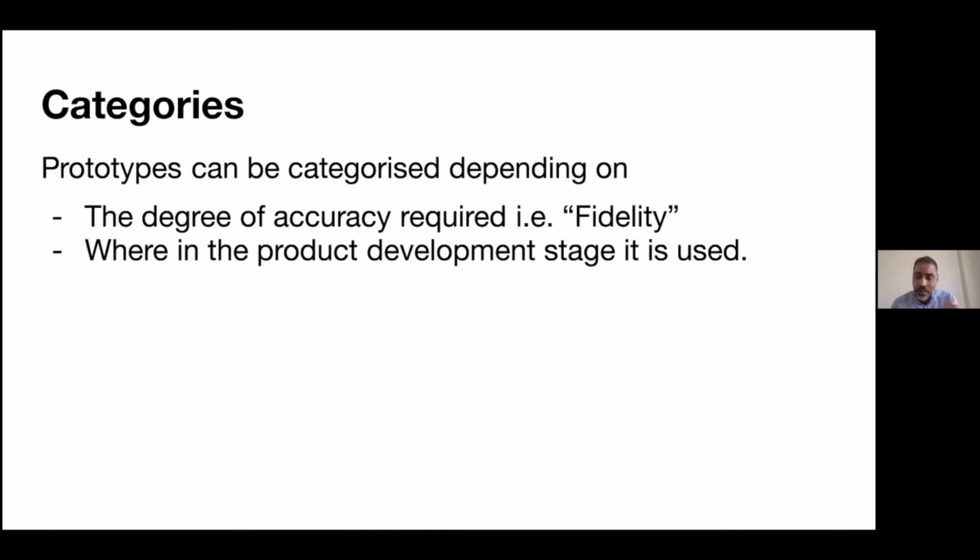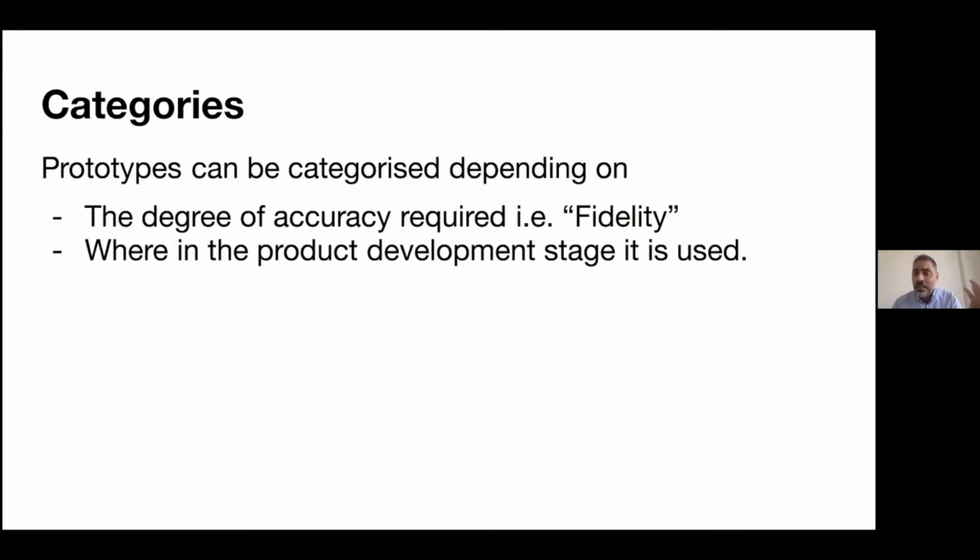Okay, the prototypes could be categorized into either the level of complexity or accuracy and how much they represent the final product, or where they are in the stages of product development. So it could be based on the fidelity, and the fidelity means how accurately it represents the final product. Let's say we're building a watch, for example, and I'm starting with a very low fidelity prototype.